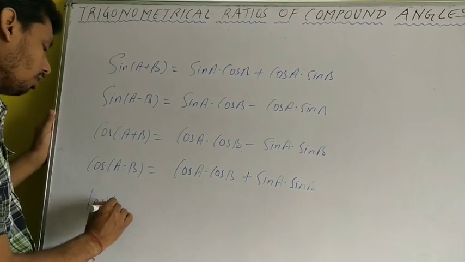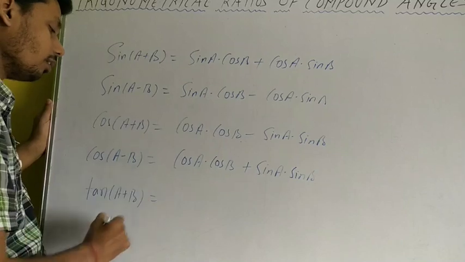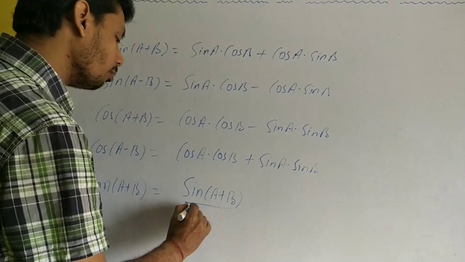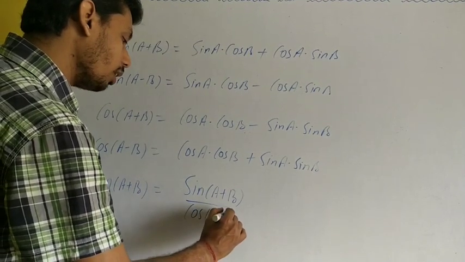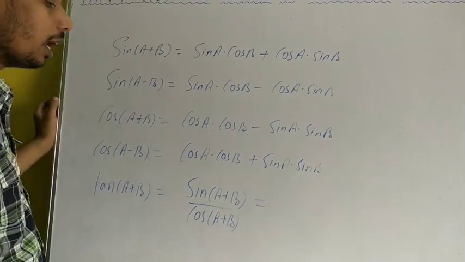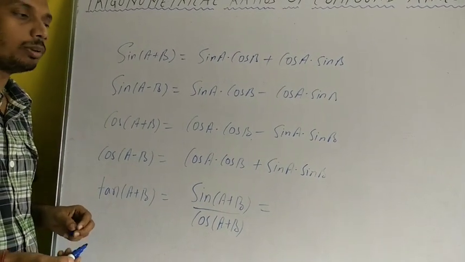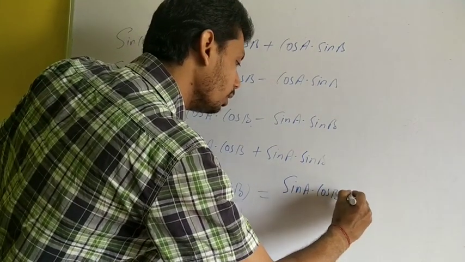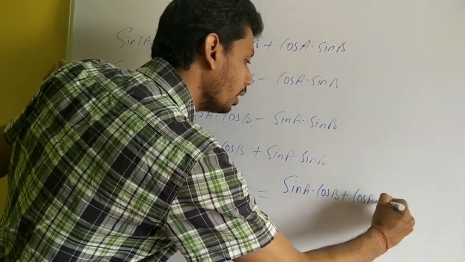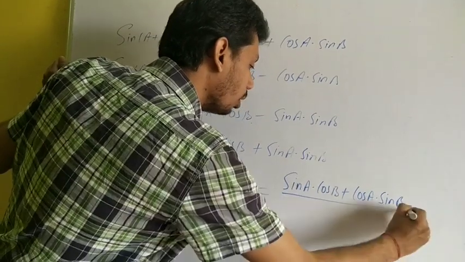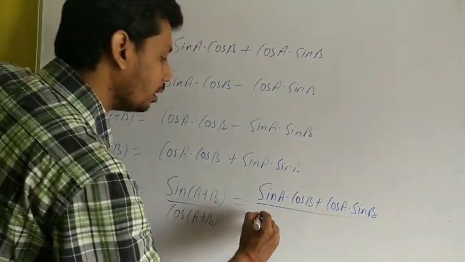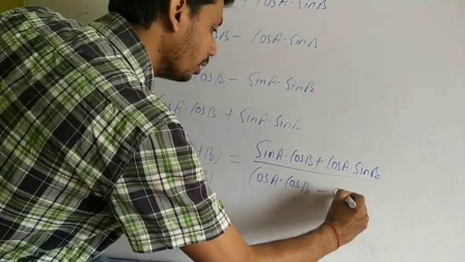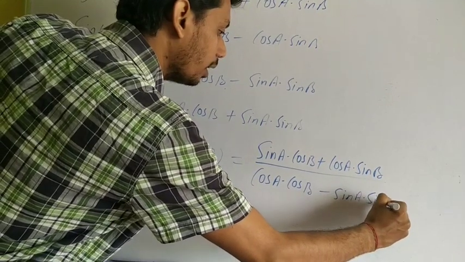Now tan of a plus b can be written as sine of a plus b by cos of a plus b. Now we are familiar with the formula of sine of a plus b, that is sine a cos b plus cos a sine b, upon cos a plus b, that is cos a cos b minus sin a sin b.